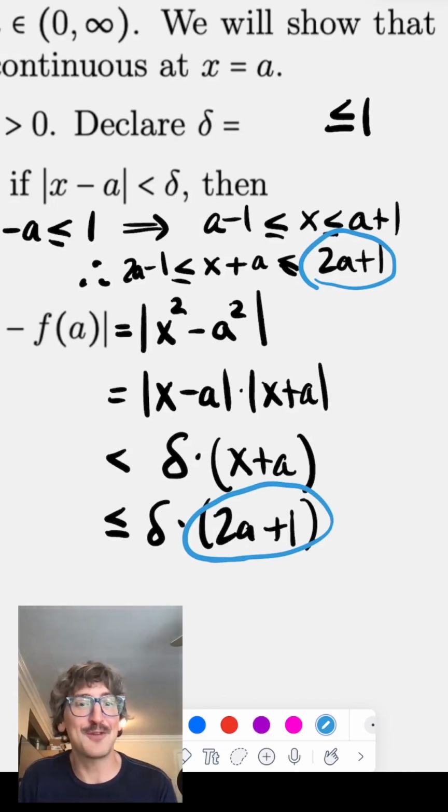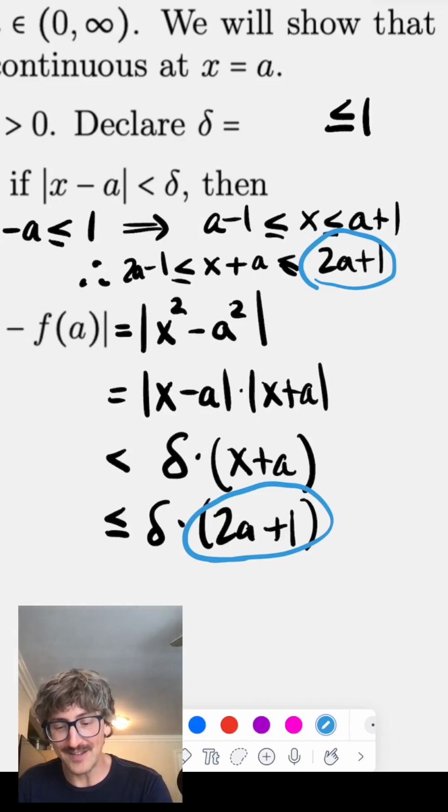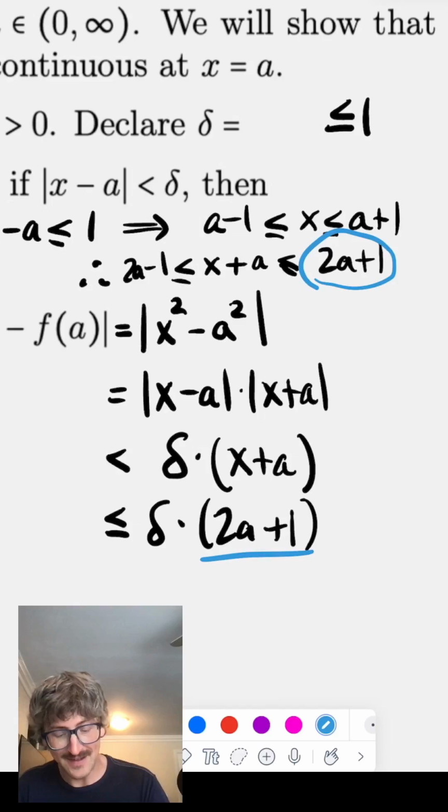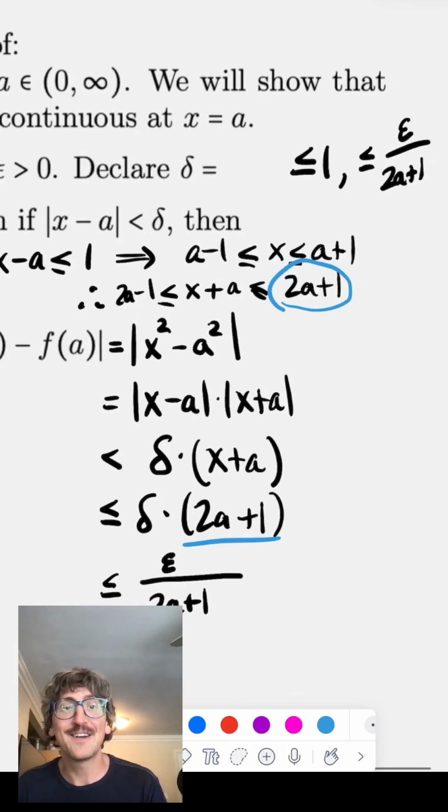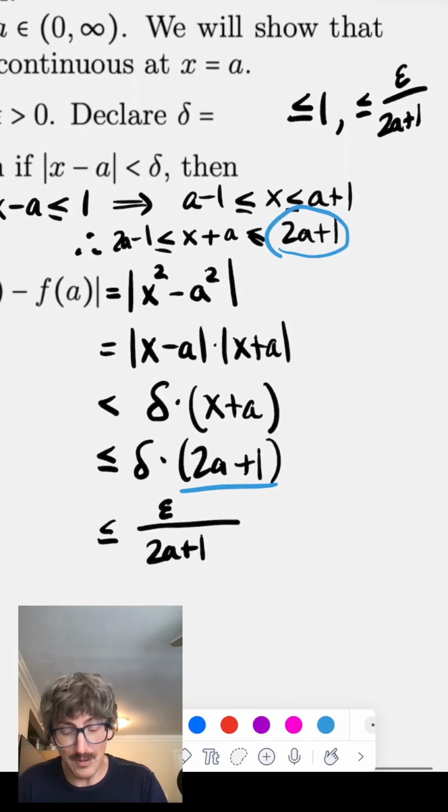So this is a delicate proof. I'm not saying it's easy, but we're just playing around with the inequalities to see what we get. And so now we're really done, because now I can say, well, wait a minute. If I were able to say that delta were less than or equal to, say, epsilon over that 2a plus 1, in other words, if I were to say that it was also less than or equal to epsilon over 2a plus 1 up here, well, that would mean that I was done.